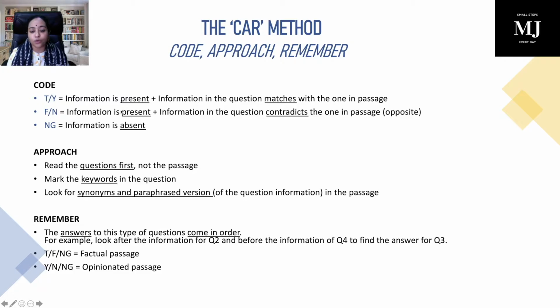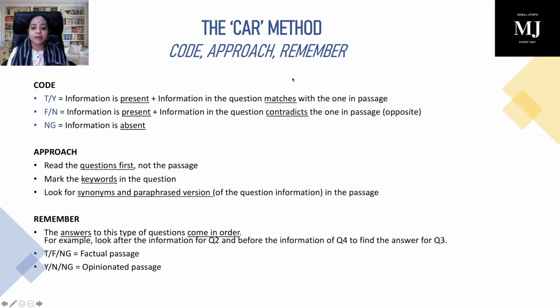Now let's go to the code. How do you really break this question type? Very easy. If you just remember this, you will never go wrong. Let's see how and when you would mark true or yes. For true and yes, the information would be present: whatever information is in the question will be present in the passage.